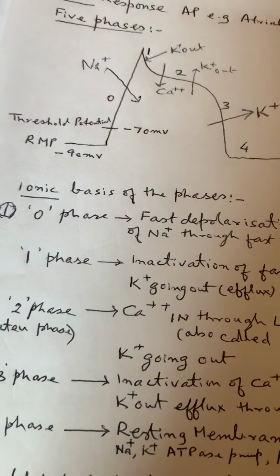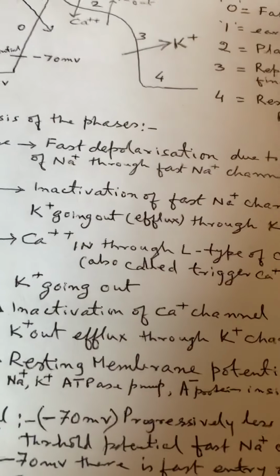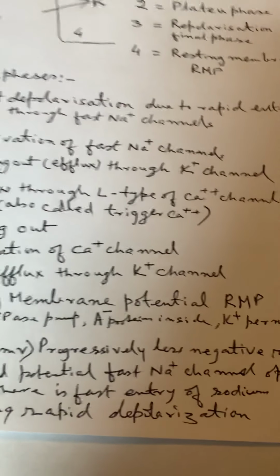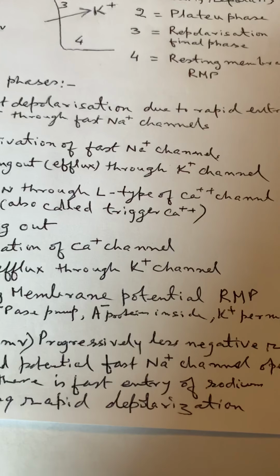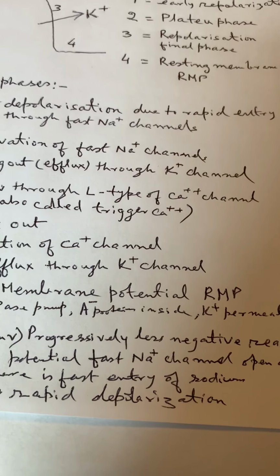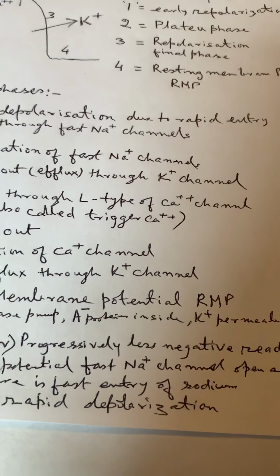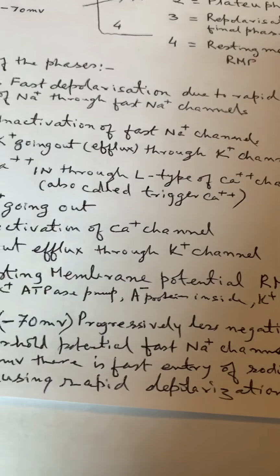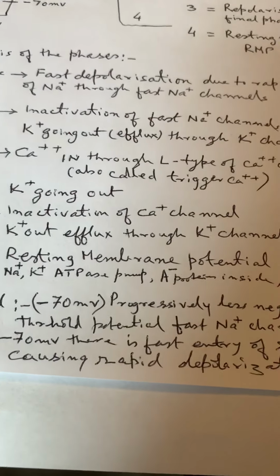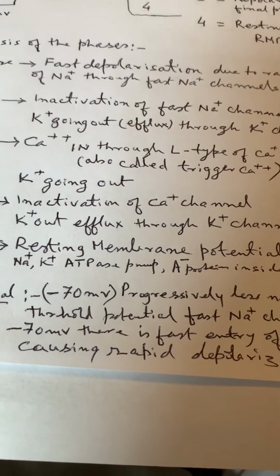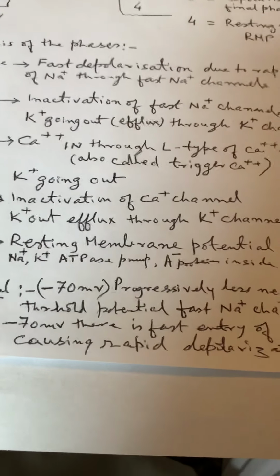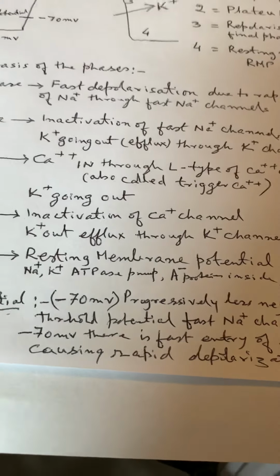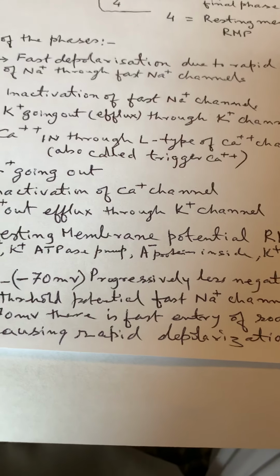So threshold potential means when it goes from minus 90 and reaches minus 70, the fast channels open at this time, leading to fast entry of sodium, causing rapid depolarization.